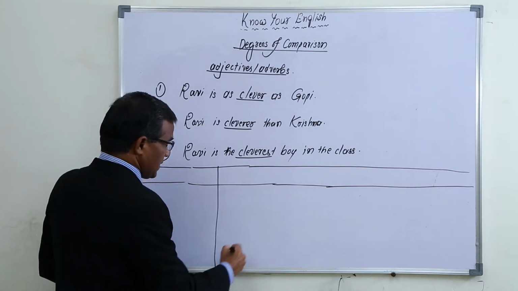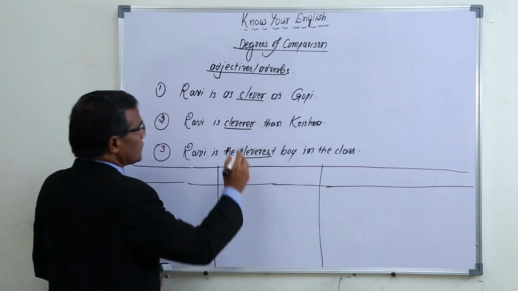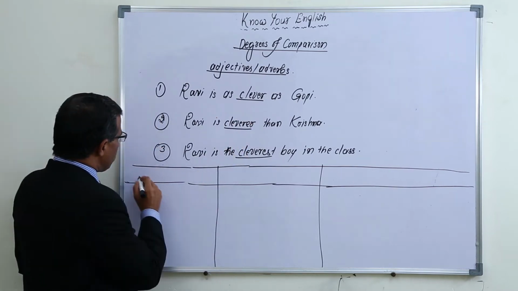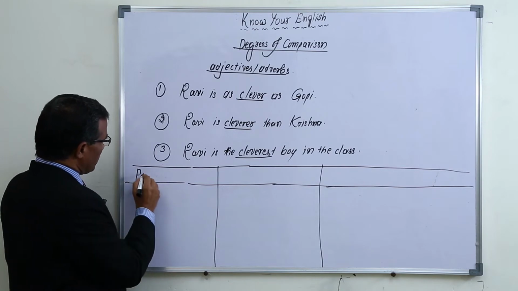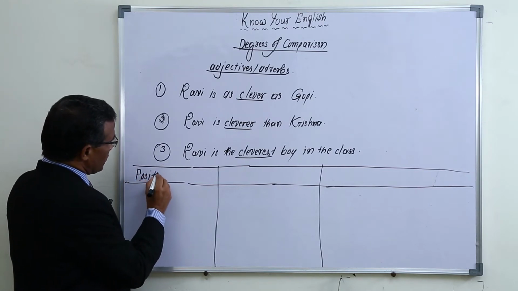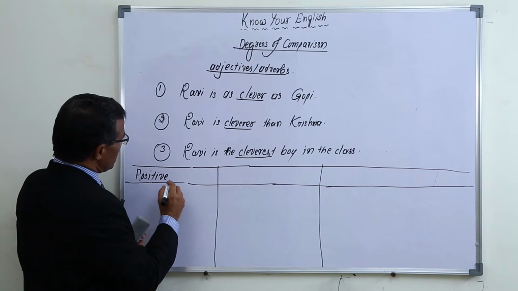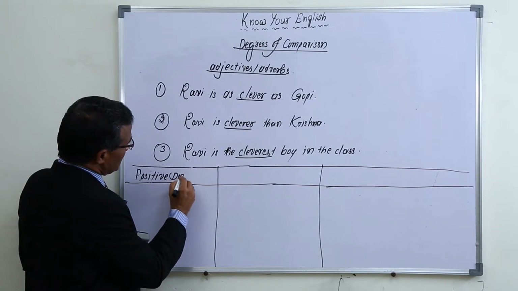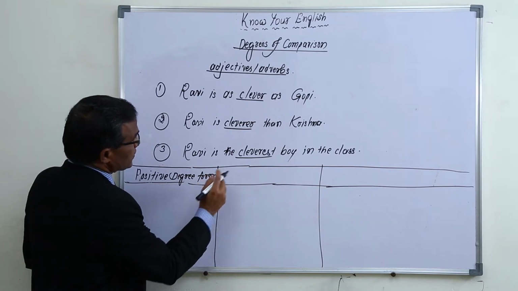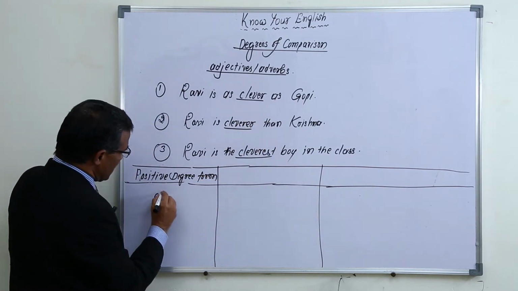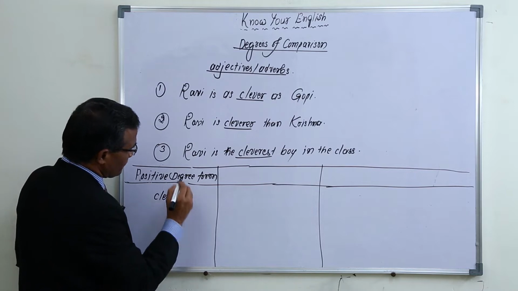For example, clever is said to be the positive degree. So clever comes under positive degree form.